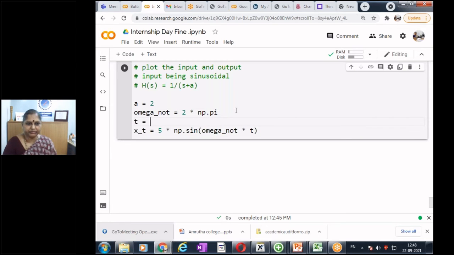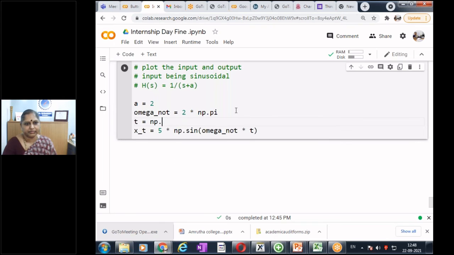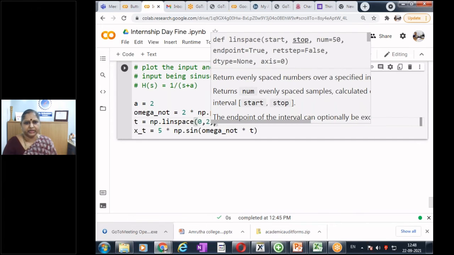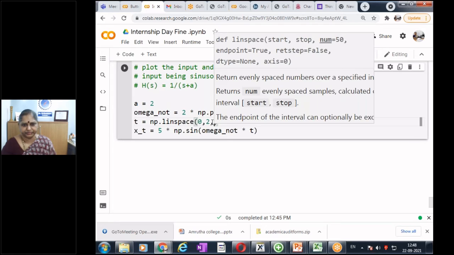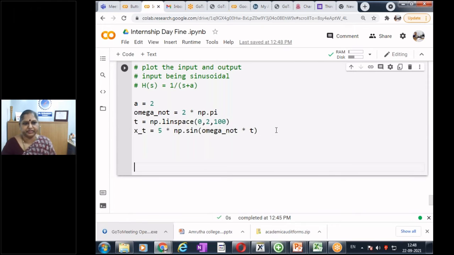Time is np dot linspace from 0 to 2 with, say, 100 values. Before doing this, let me first plot.